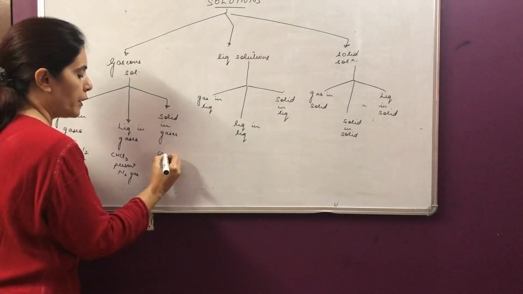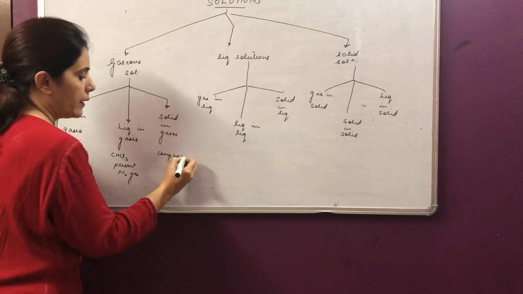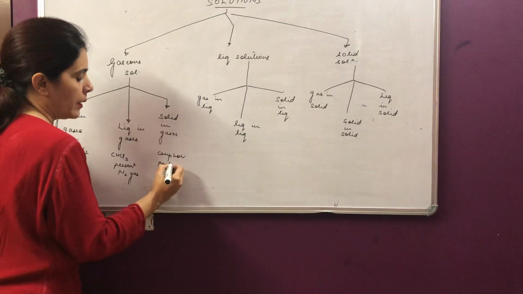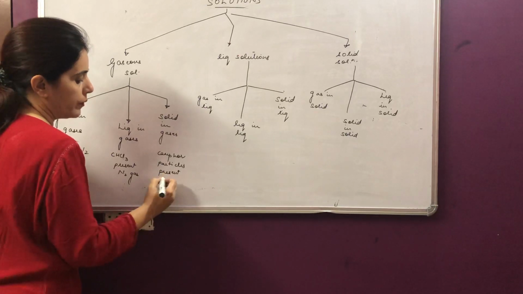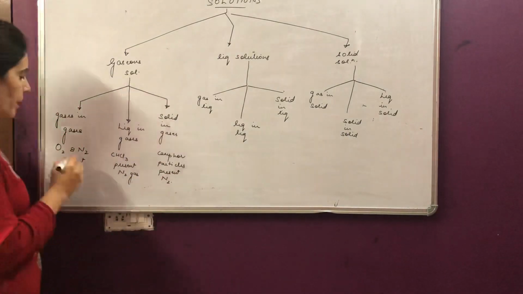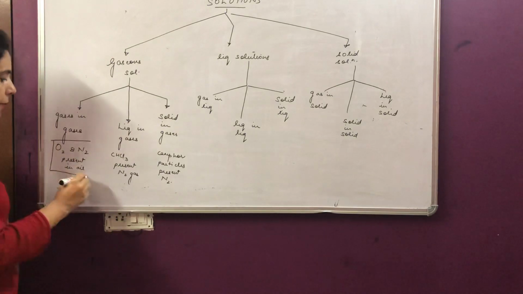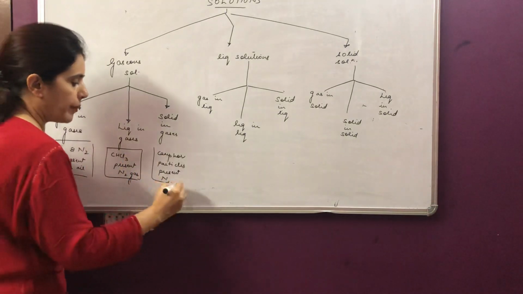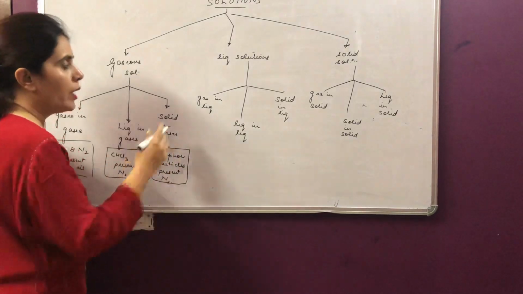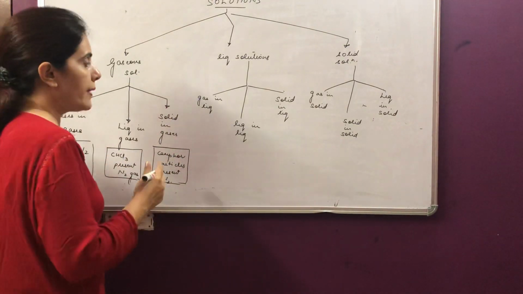It is camphor particles present in nitrogen. Right? These examples are very important. Many times these examples are asked as a one-marker question in the board exam. Is it okay?